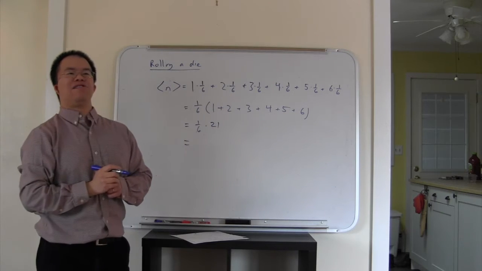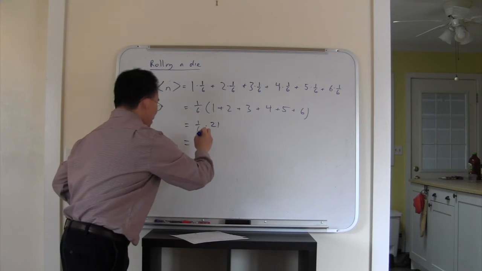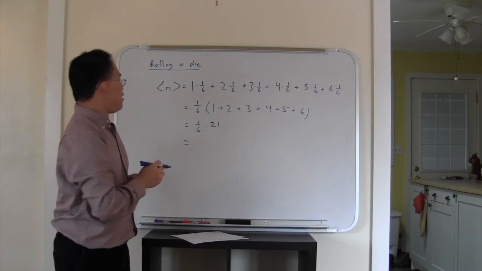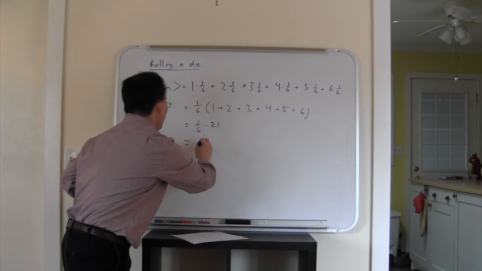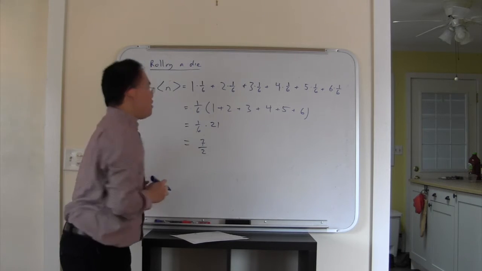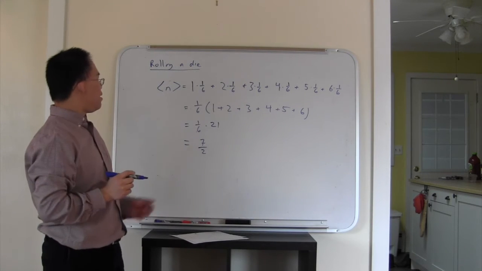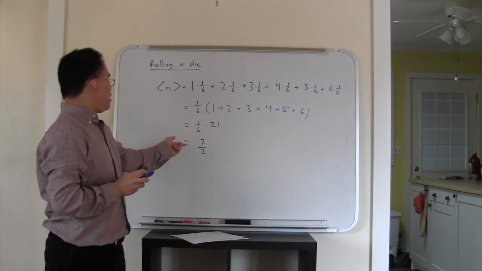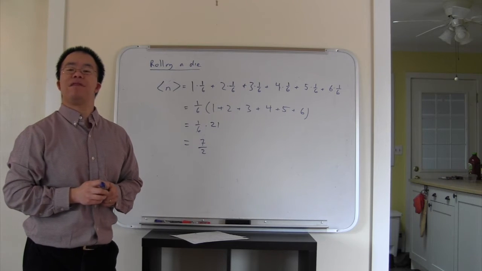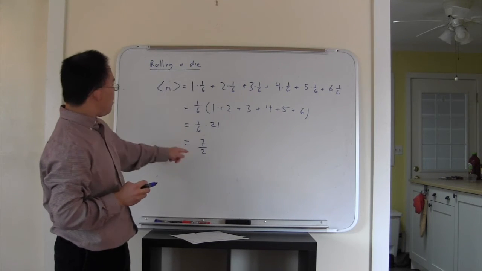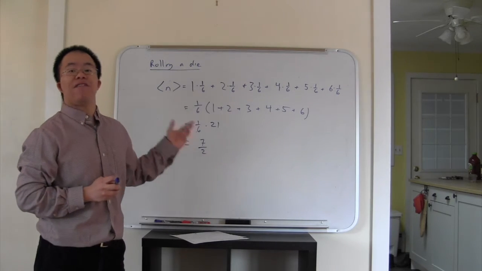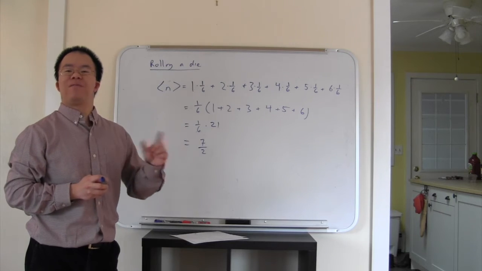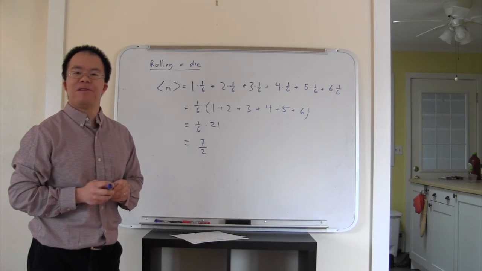I can cancel out the 3, so I have a 2 and a 7 upstairs. So we get the average value that you might get when rolling a die: 7/2, or 3.5. Again, notice that the average value is not a value you could actually get, just like we saw with the coin flipping money game earlier.